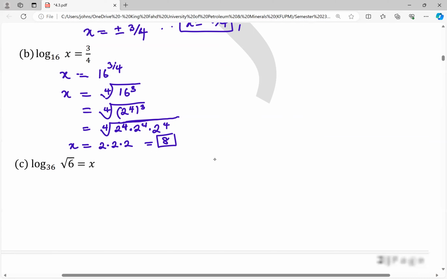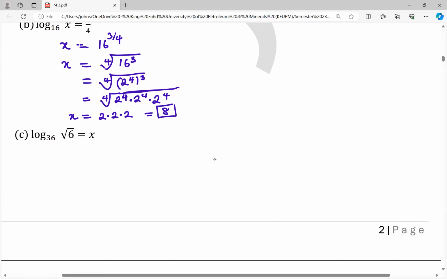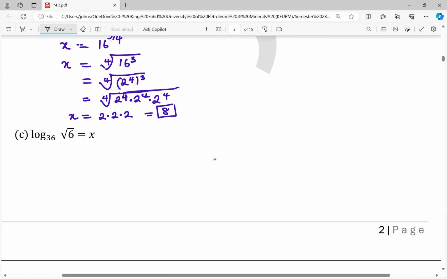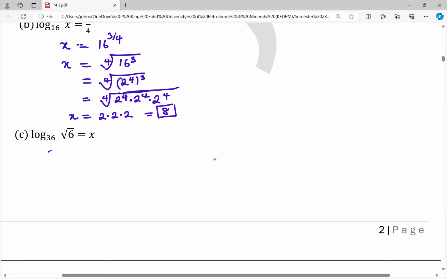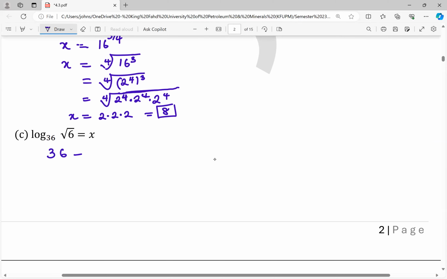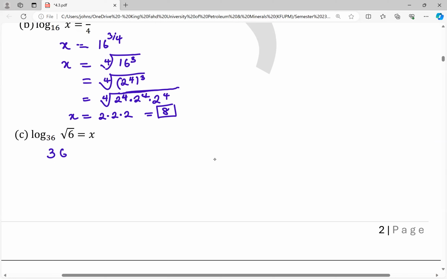Now, if we look at this one, for this will be 36 equals not 36, but root of 6.